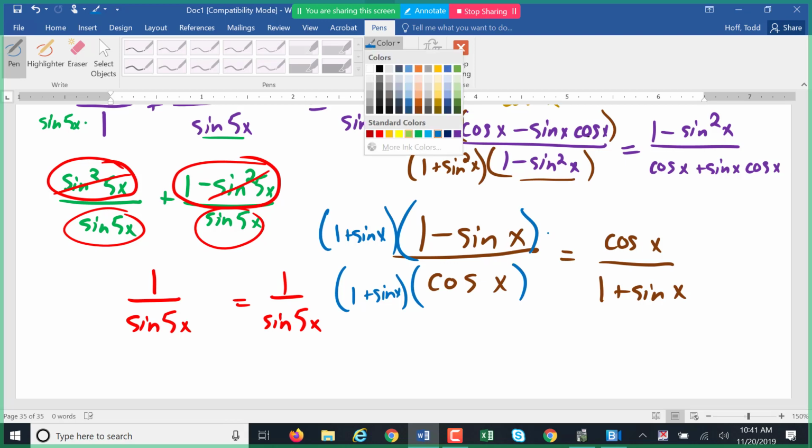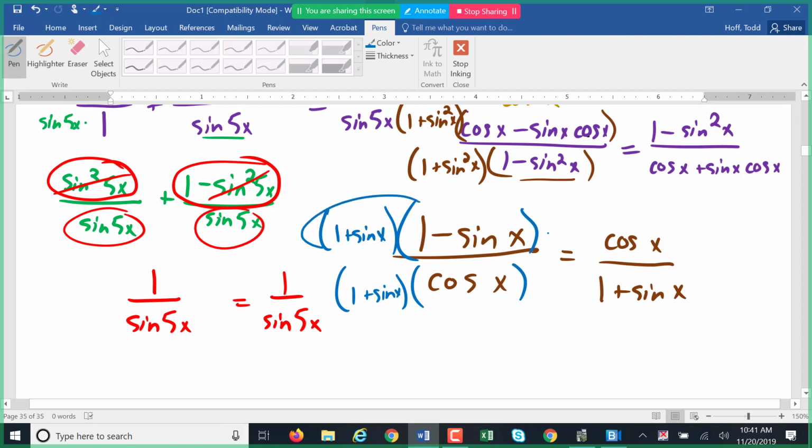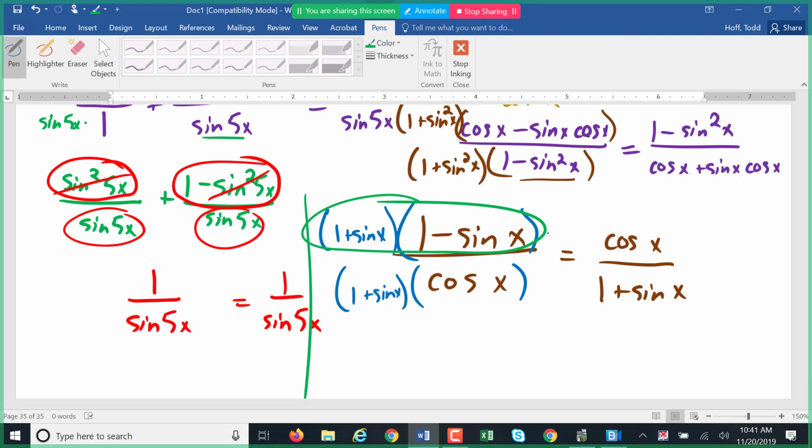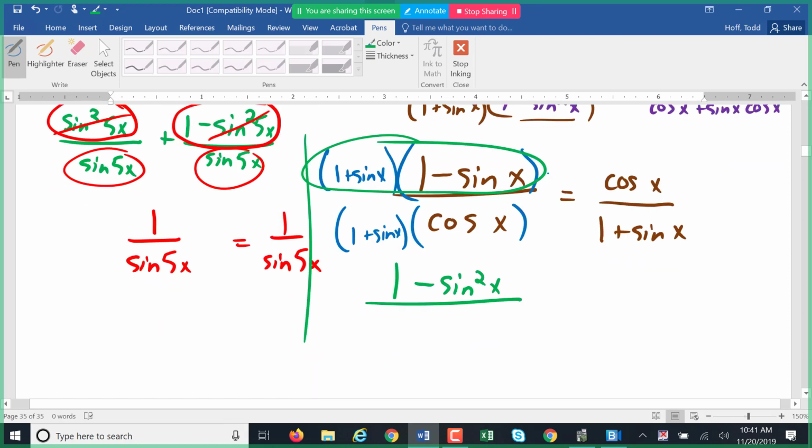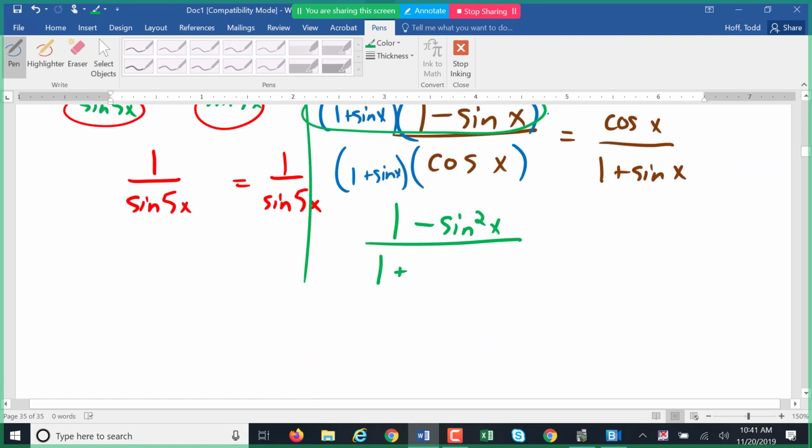What that's going to do on top is give us a sum and difference product, the difference of perfect squares: 1 squared minus sine squared of x. Over 1 plus sine x times cosine x, I'm just going to leave it that way for now.